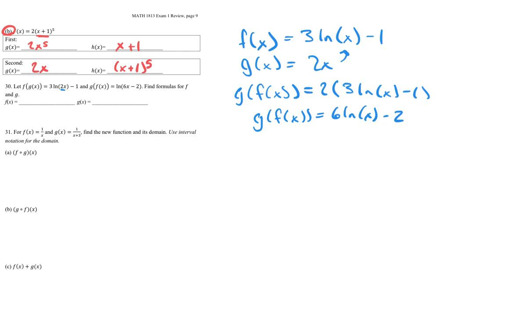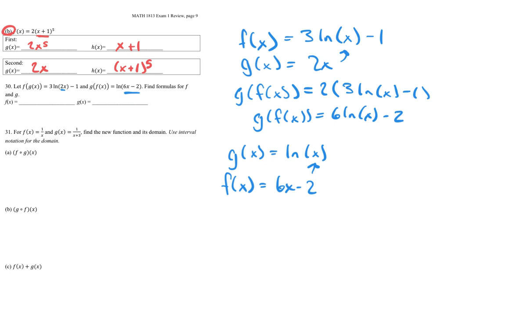One thing that I can see here is that for g of f of x, it almost looks like we're taking the natural log and just plugging something in. So maybe what we can try is that g of x is just equal to the natural log of x, where all we're doing is plugging in this f of x, 6x minus 2, for x.